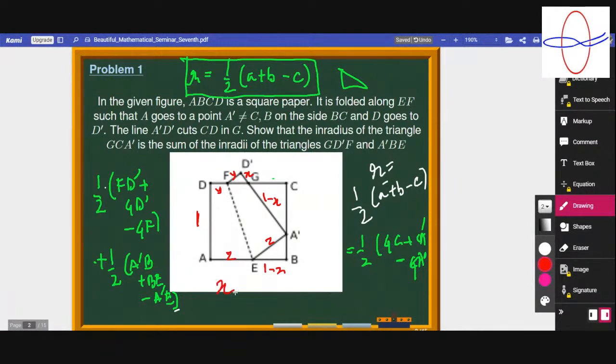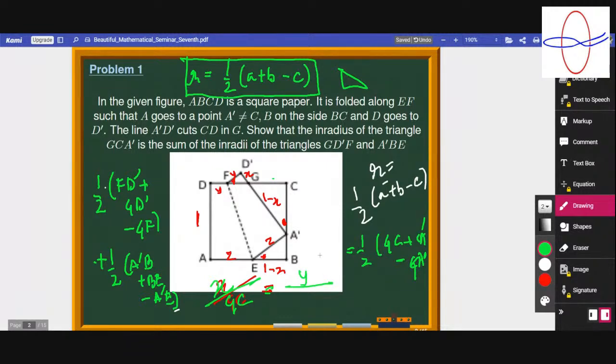So x by what? X corresponds to this angle, which corresponds to this angle. So x by GC is equal to what?